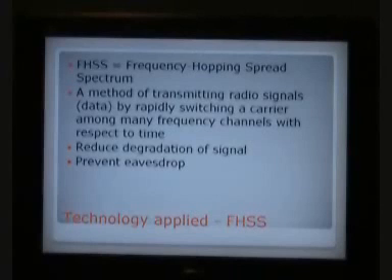In general, data is broken down into packets and transmitted to the receiver over numerous hop frequencies in a random pattern. The advantage of using this technology is that it can improve resistance to radio frequency interference. It can also prevent eavesdropping, so as to ensure security.